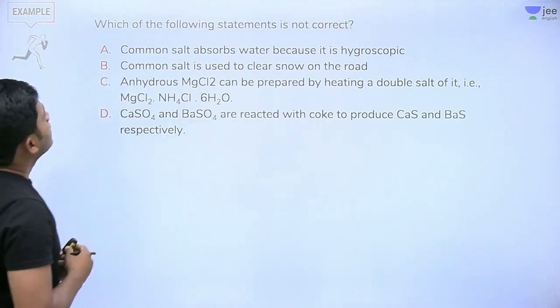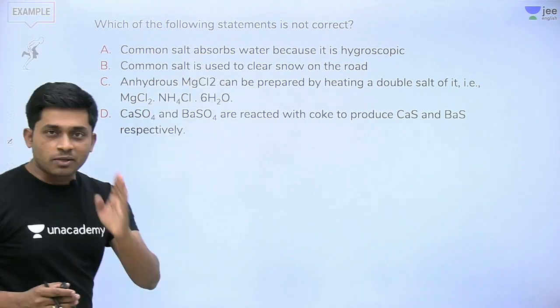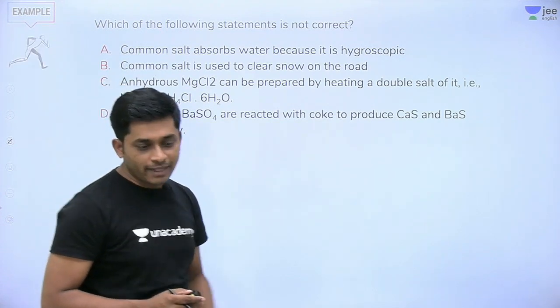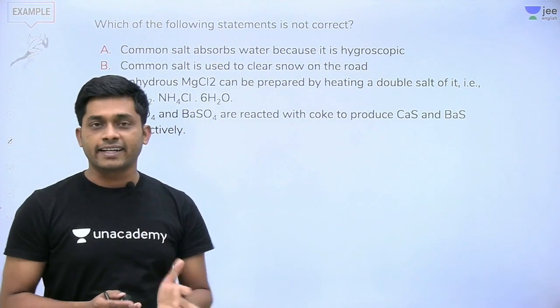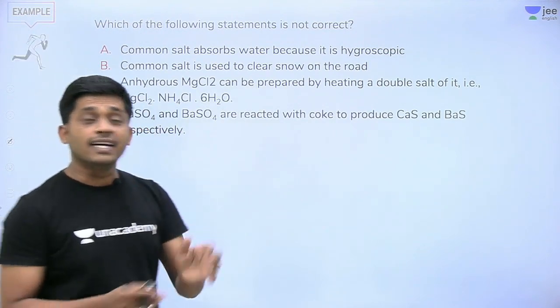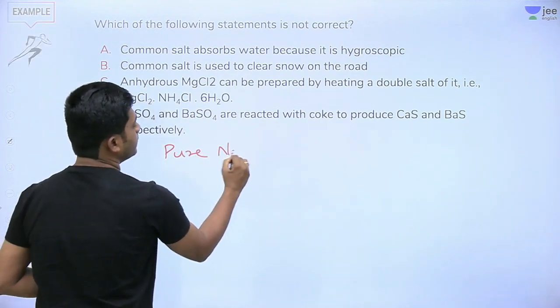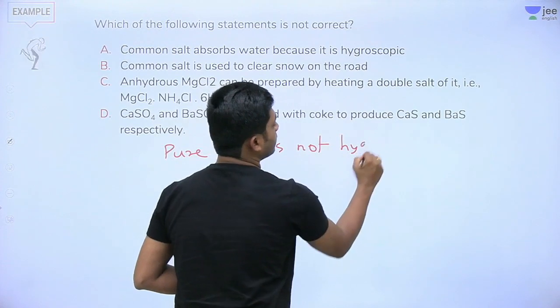See here, common salt absorbs water because it is hygroscopic. Is it correct or not? The first statement. Come on guys, is the first statement correct or not? It is incorrect because pure NaCl is not hygroscopic. This is a very important property of NaCl. Pure NaCl is not hygroscopic.